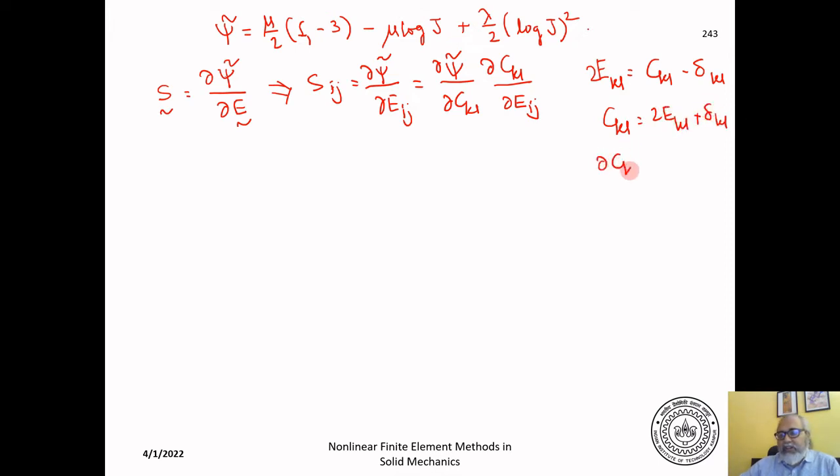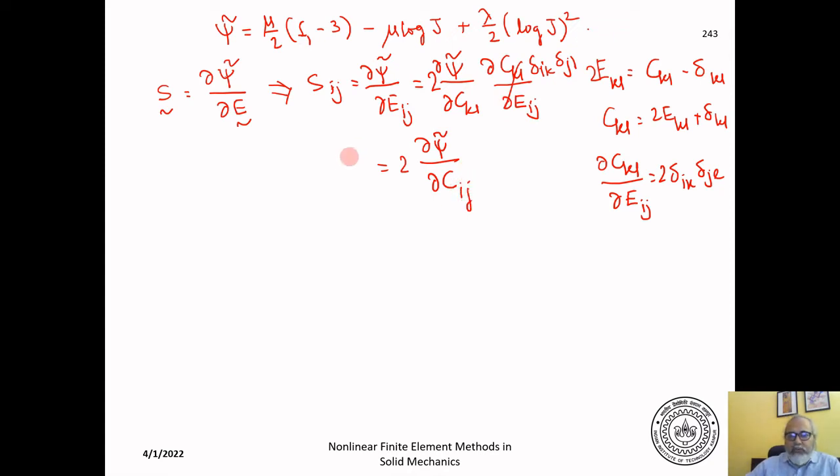So del Ckl by del Eij is 2 times delta ik delta jl. So I can replace this by 2 times delta ik delta jl, and then I get 2 del psi hat del Cij. So Sij is equal to 2 times del psi hat del Cij.